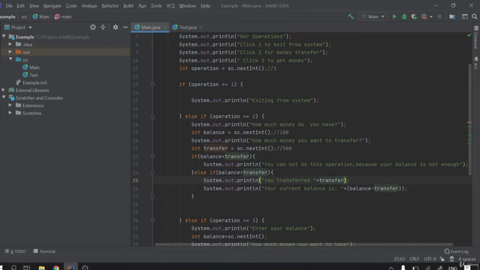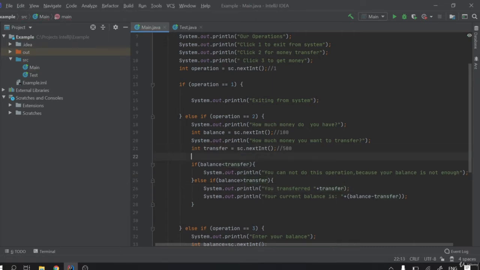What we did here, first of all, here we got information from our user. For example, he or she, the user, will say the integer balance, and here he or she will say the amount that they want to transfer.